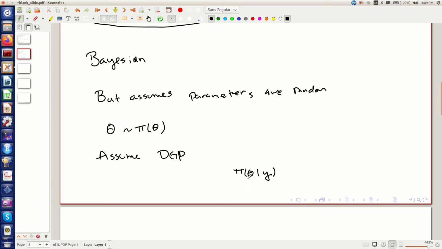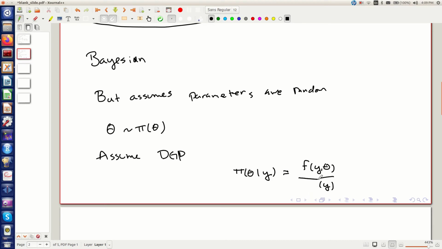You'd like to know how theta is now generated that I've observed y and seen it. What is this distribution going to be? Well, if you think about just conditional probability, this would be the joint distribution of y and theta divided by f of y.